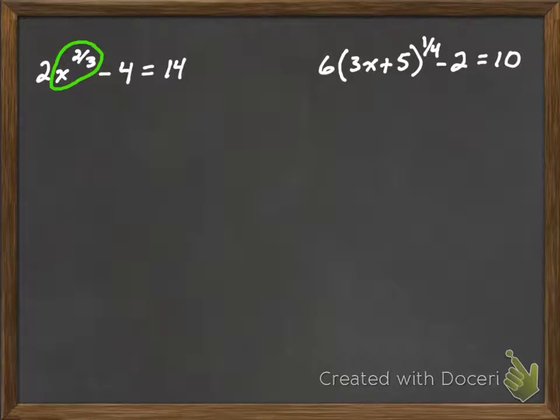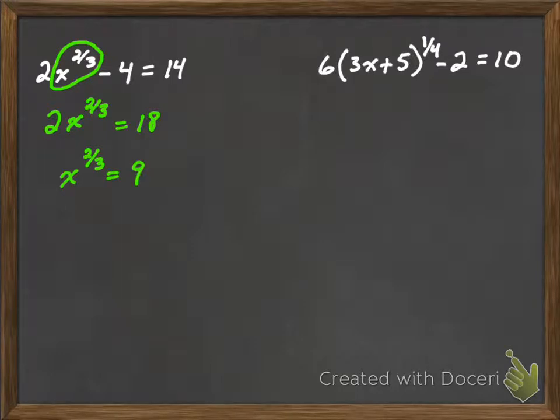The radical is the term that has the fraction for an exponent. So we start out with moving the addition and subtraction parts first. We have 2x to the 2/3. We're going to add the 4 over to the other side, giving us 18. And then we're going to divide by 2, which is 9.